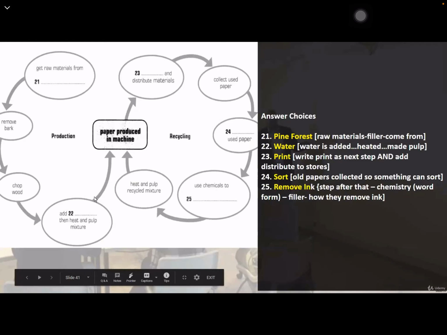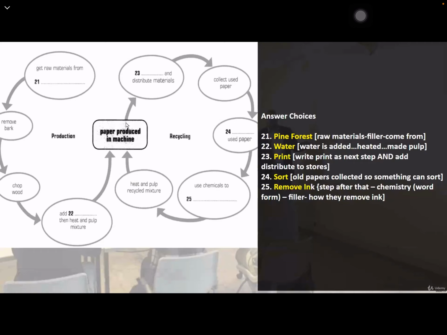And then we're moving up, and they told you we're going to put paper produced in the center of the chart. And then next naturally it goes here. And they said write print as the next step.